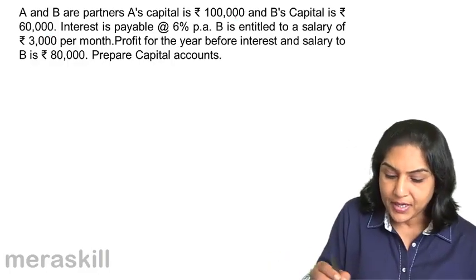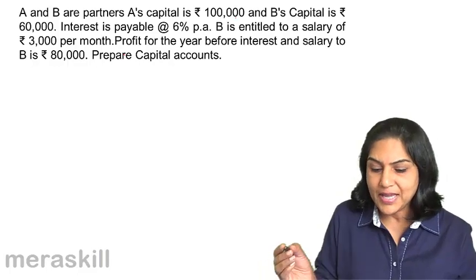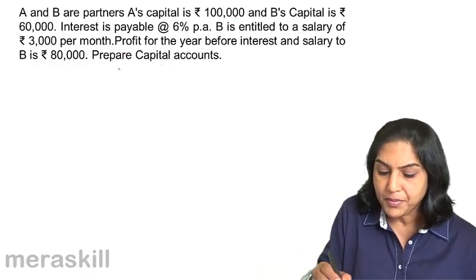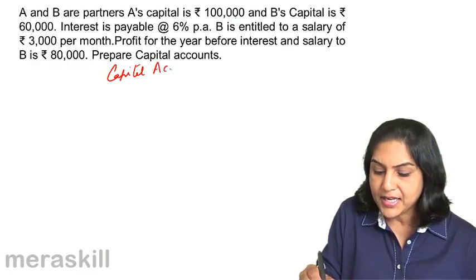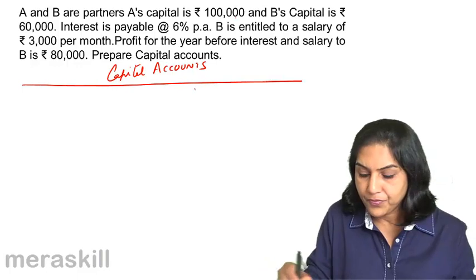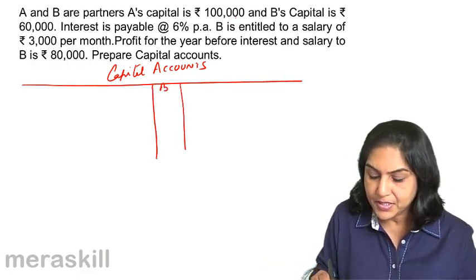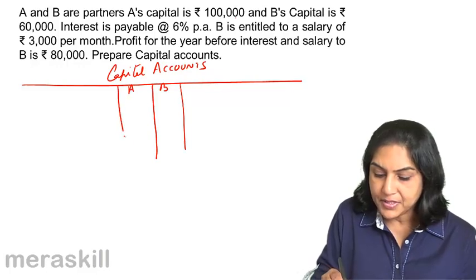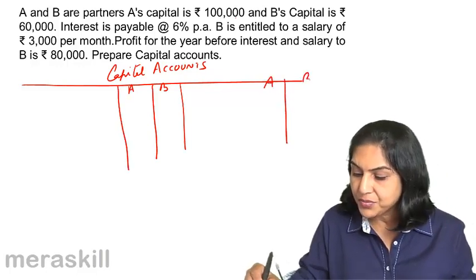So the capital accounts, we can also prepare separately or in a columnar form. If we prepare in a columnar form and I take capital accounts, let us say we have A's capital and we have B's capital.